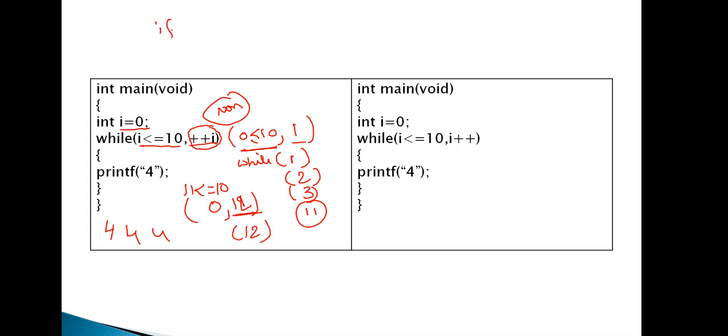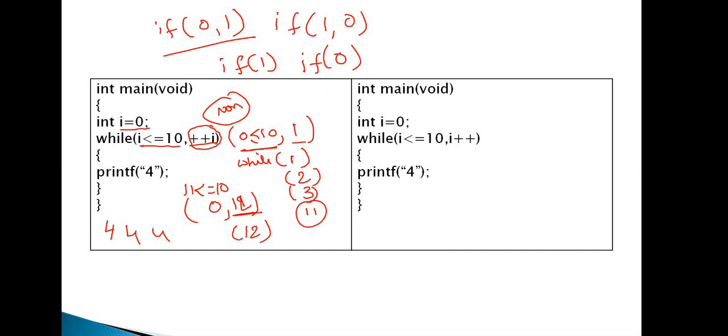If 0, comma 1 means simply if of 1. If 1, comma 0 means if of 0. So whatever the expression contains before, we are considering only the last one. So the output is simply an infinite loop. The loop is repeated multiple times.